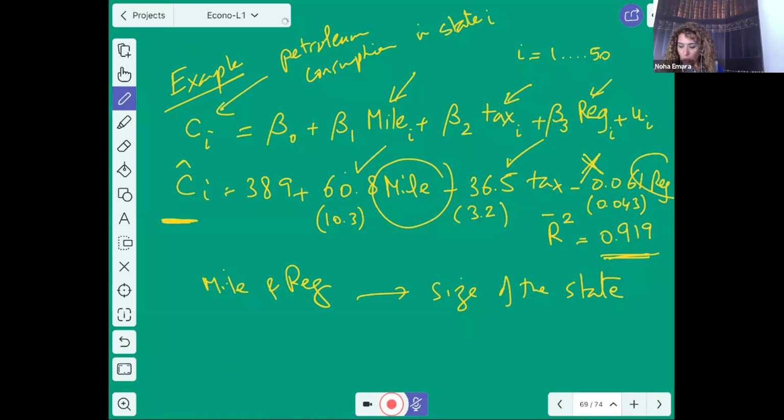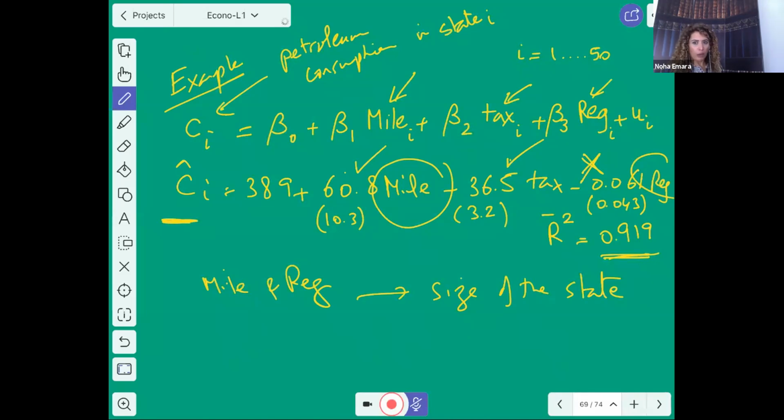To move on with this model, you have to think about what you can do to overcome this problematic issue, the multicollinearity issue. You can drop the collinear variable. You can drop registration because it's either or: I can either drop mile or I can drop registration.